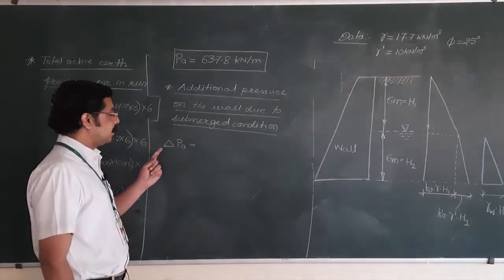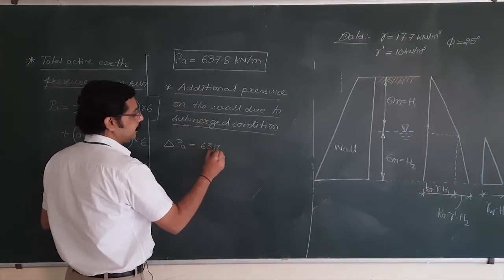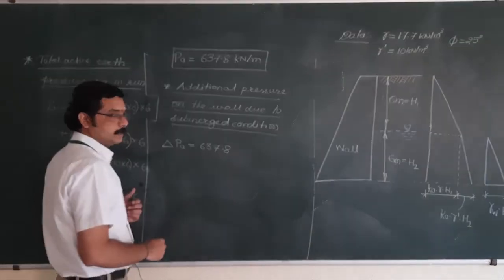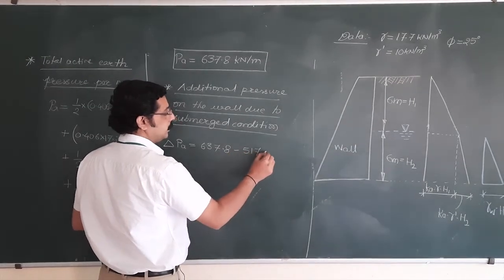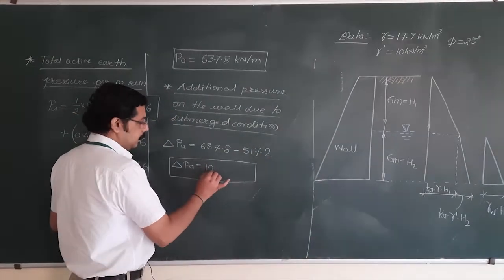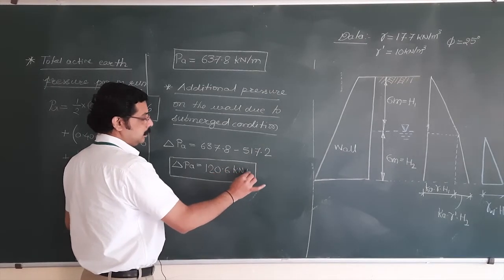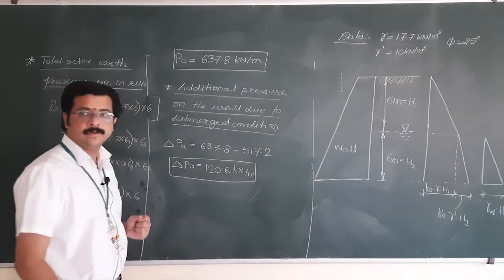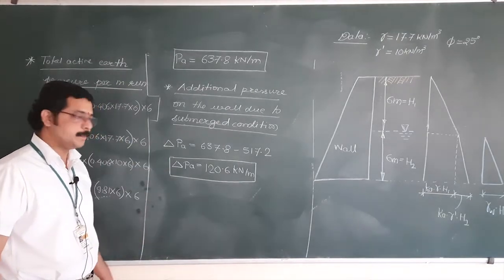So additional pressure delta PA will be this value, 637.8 minus 517.2. So the value comes out to be 120.6 kilonewton per meter length of the wall. This is the additional pressure which this retaining wall will experience.